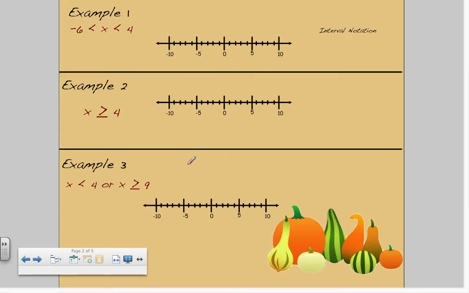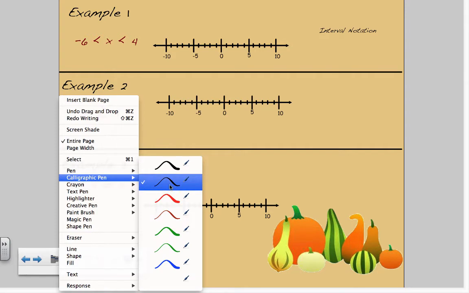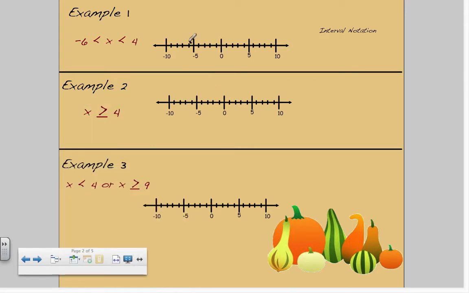So let's practice some examples. Here we have the algebraic. If I were to ask you to represent that graphically, you'd say no problem. -6, 4. This is a conjunction, so I will conjoin my two numbers.